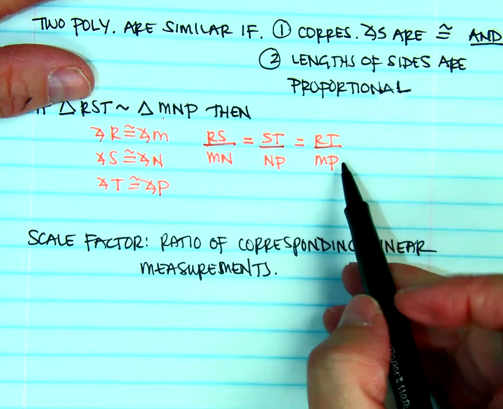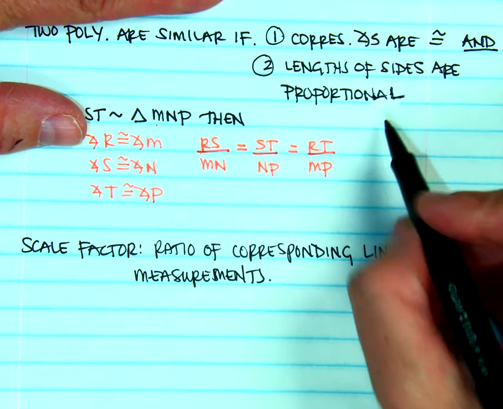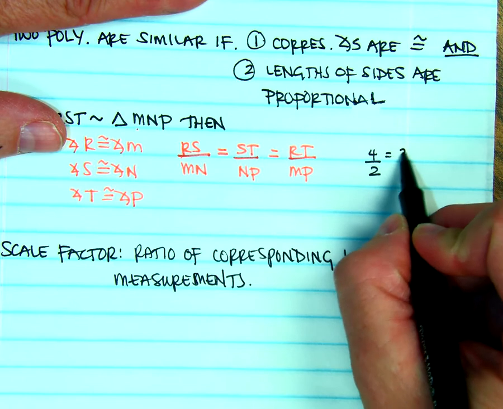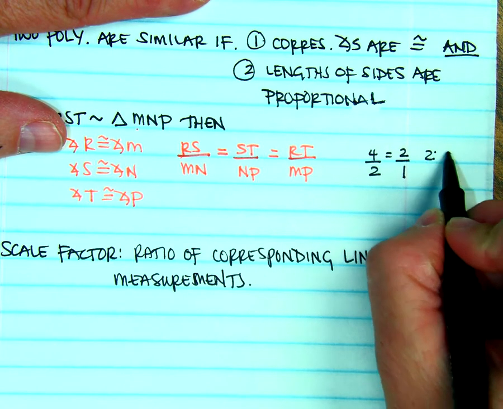Okay, so if we go back up to this example, let's say RS was 4 and MN was 2. Then it would have a scale factor of 2 to 1. Or you can also write it as 2 to 1.